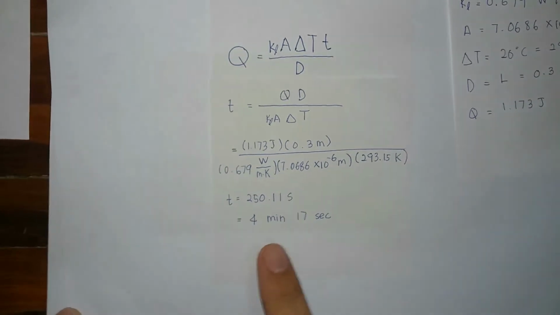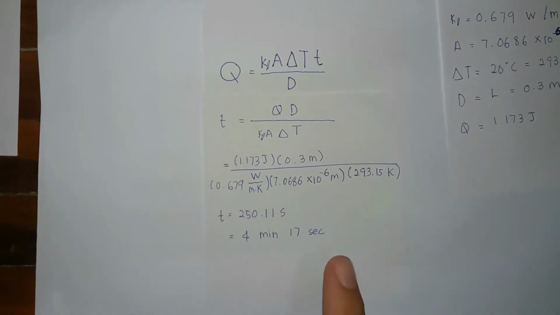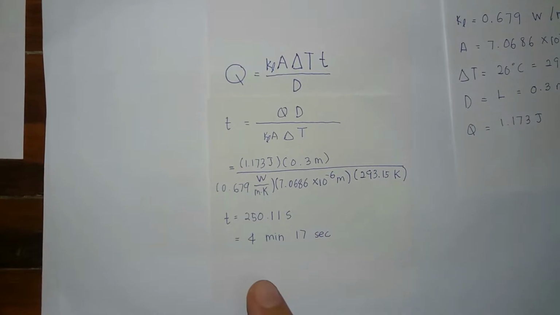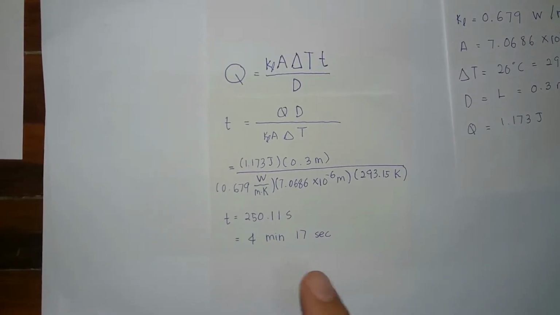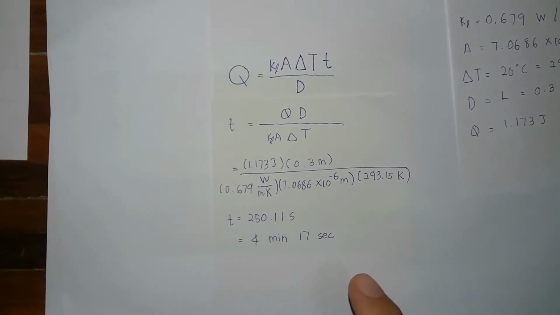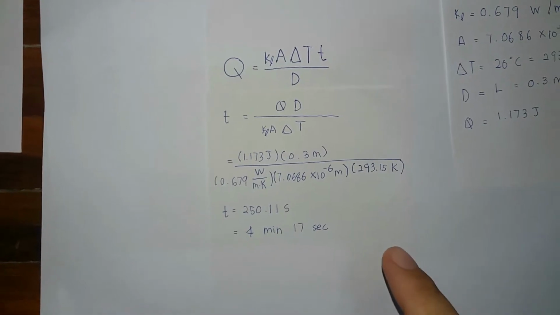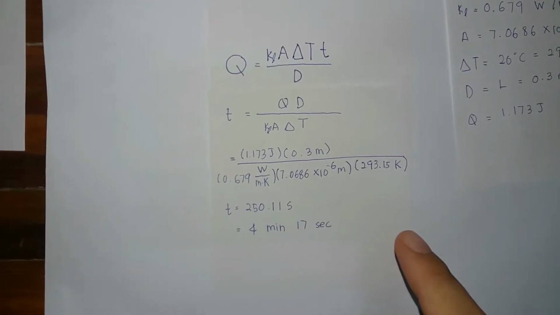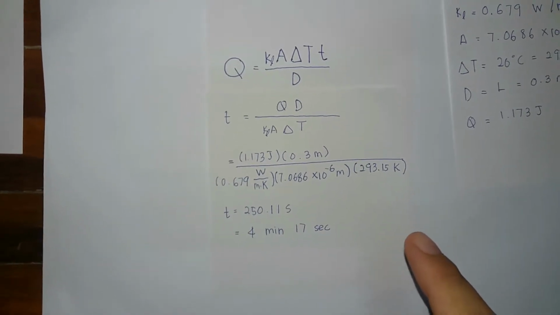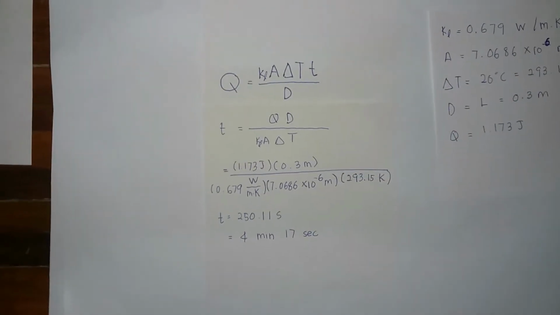Thus, we know that we need 4 minutes 17 seconds to raise the temperature of the cold water from 14 degrees Celsius to the boiling T, which is 100 degrees Celsius.